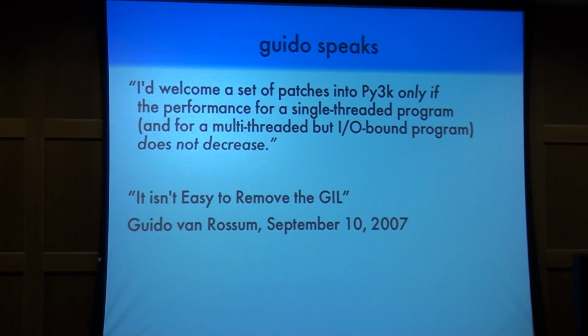This is a very difficult bar to reach. In fact, this was more than 8 years ago now, and nobody has been able to meet it. So I don't know if we're ever going to meet this bar. I think maybe we're going to have to change our standards a little bit.